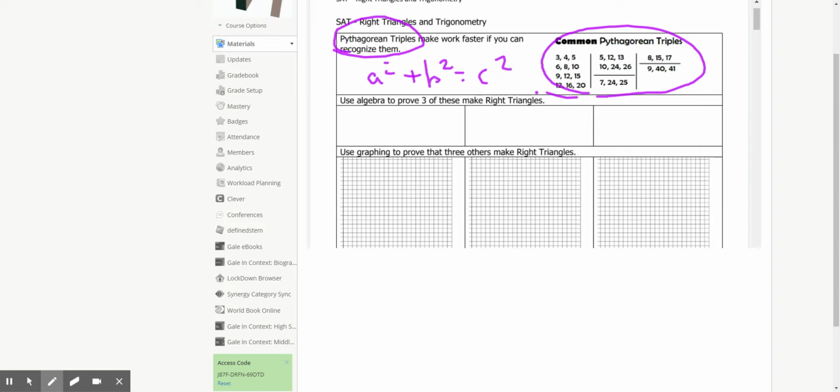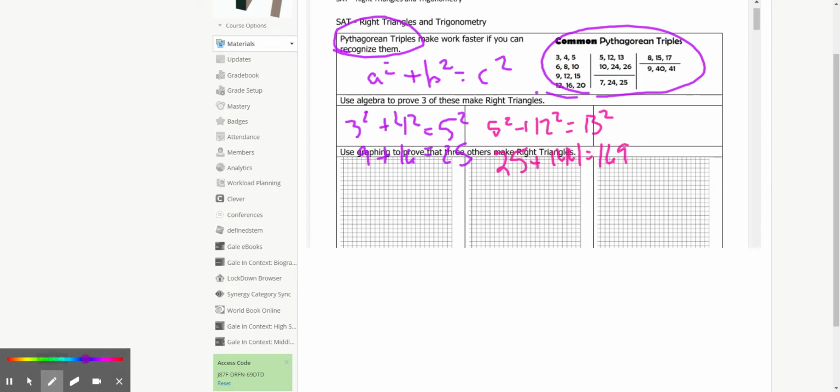So if we use any of these to prove that it's true, we can do 3 squared plus 4 squared equals 5 squared. That's definitely true because 9 plus 16 equals 25. We can go to another one and see if that works. 5 squared plus 12 squared equals 13 squared, which is true because 25 plus 144 equals 169.